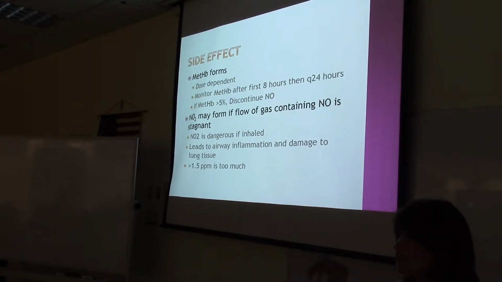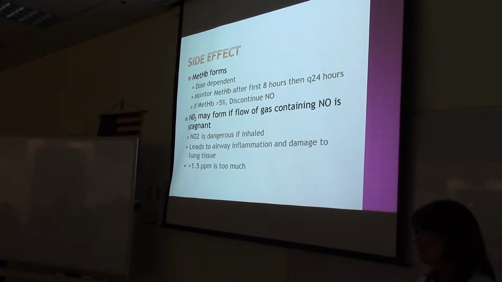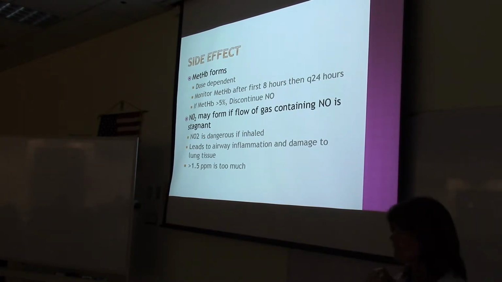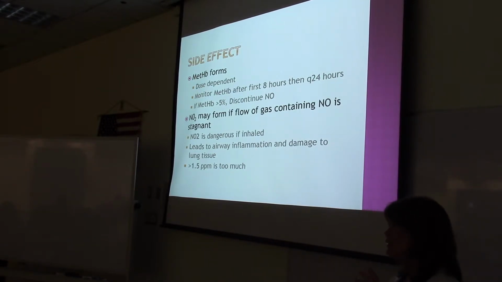The nitric oxide that was in the circuit is now going to react with air and form nitrogen dioxide. And then when you turn it back on and you connect the circuit up to the infant, all of that nitrogen dioxide could go into the infant's lungs and destroy tissue. So obviously, anytime you turn it on, you have to flush the circuit first.